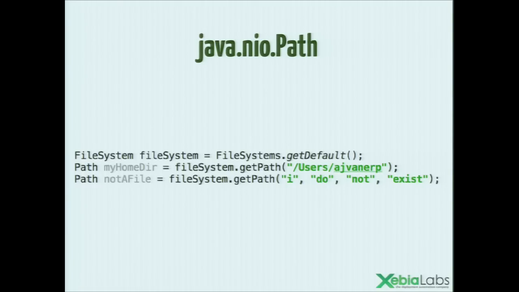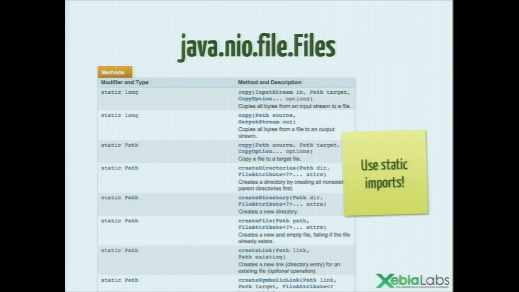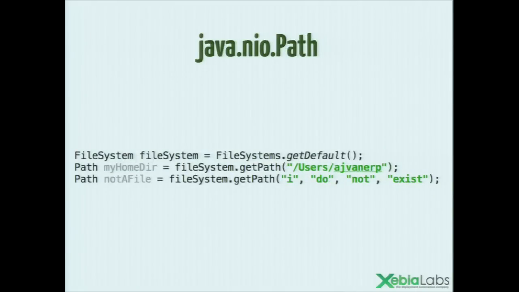For instance, my home dir, that's actually my home dir on this Mac. Well, actually not on this Mac, because this is Vincent's Mac. But you can also get a path to something that does not exist. And you can also construct partial paths, so it doesn't even have to signify an actual home directory. It could even be just a relative path. Then you can concatenate them.